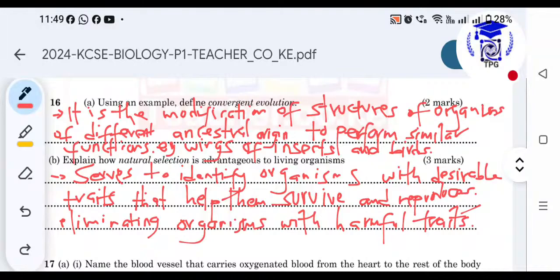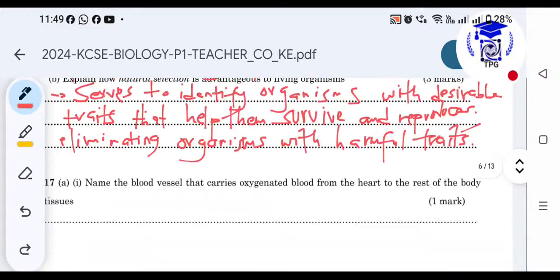Number 17. Name the blood vessel that carries oxygenated blood from the heart to the rest of the body tissues. From the heart to the rest of the body, oxygenated blood, that is the aorta. Aorta is also considered the main artery.